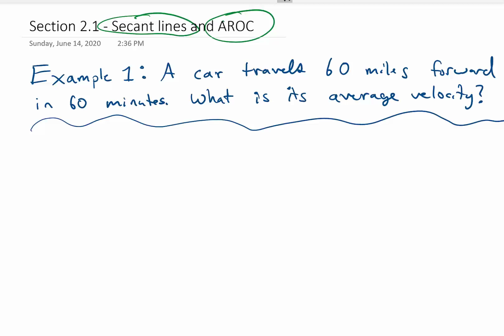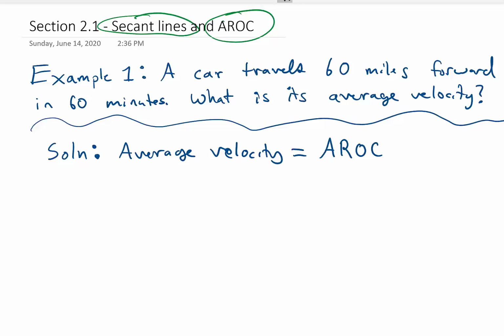And so it's going to turn out, at least in the terminology we are going to choose to use, that average velocity is the same as a slightly more general concept in this example called the average rate of change. So let me write that out.